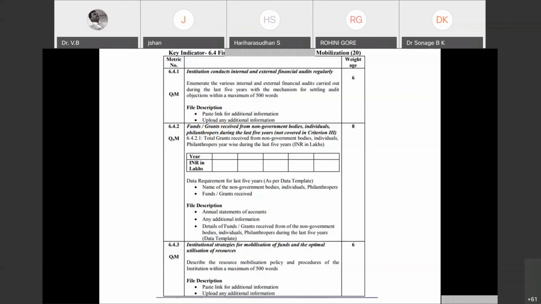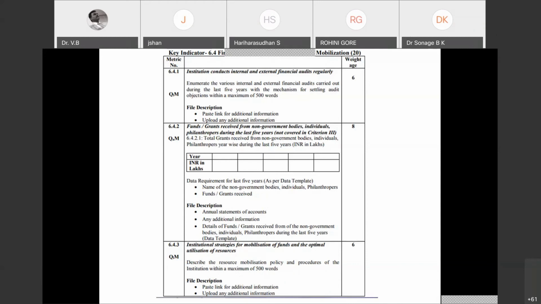This can be in the form of research grants, and also in the form of revenue generated by means of consultancy projects by the staff members, also by means of sharing of the physical resources or the research resources that are available in the institution. So when the outside agencies or individuals make use of this infrastructural and research facilities of the institute and they pay the institute, that can be shown under this head. That is the mobilization of funds.